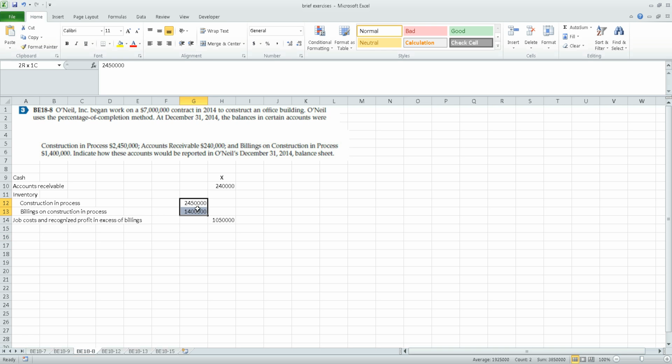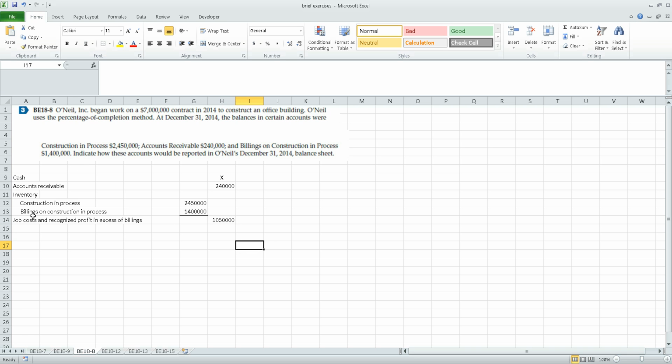The net of those two is reported as job cost and recognized profit in excess of billings. So if you're using the financial statements of the company, you view that $1,050,000 as being their inventory balance.